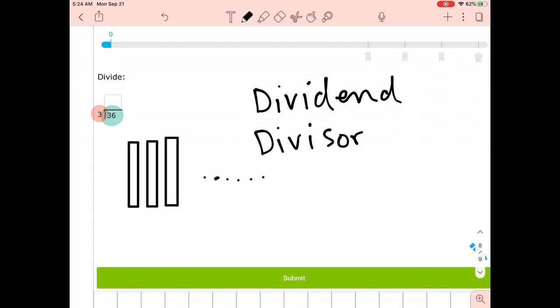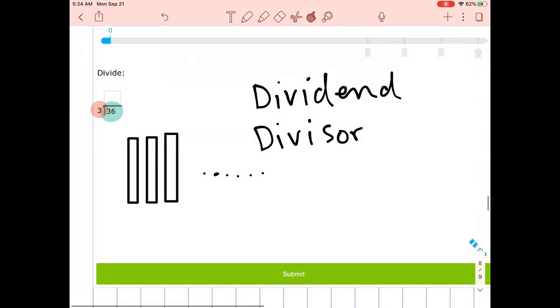That's 36. So we're going to make 3 groups, and we're going to divide 36 up into those groups.